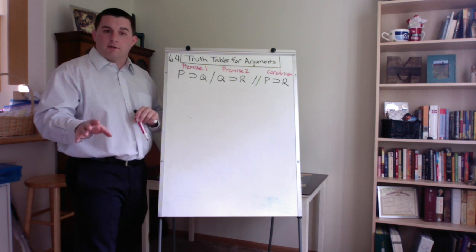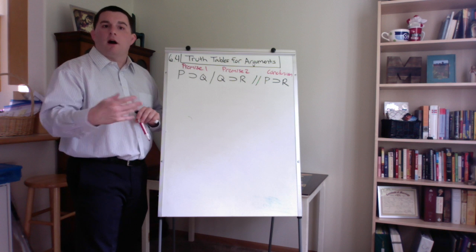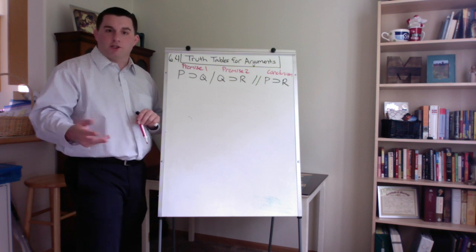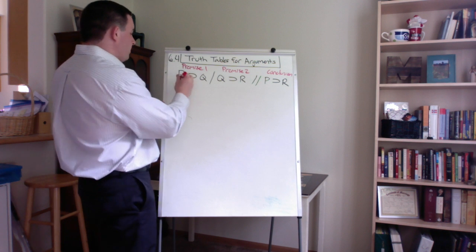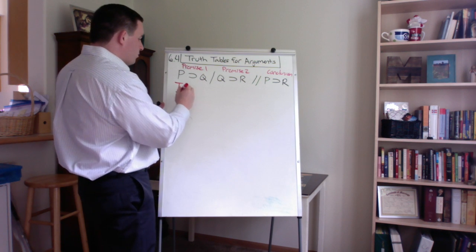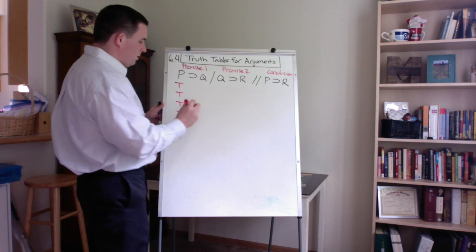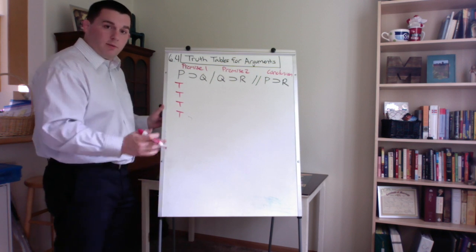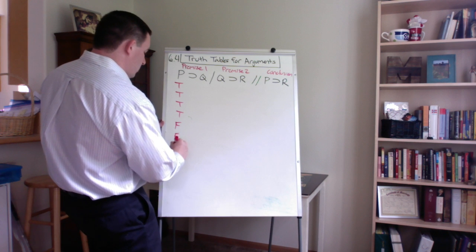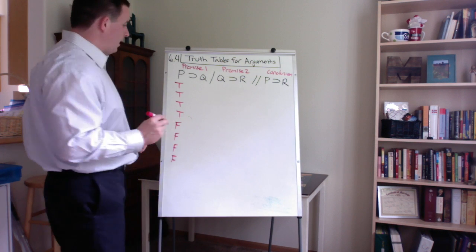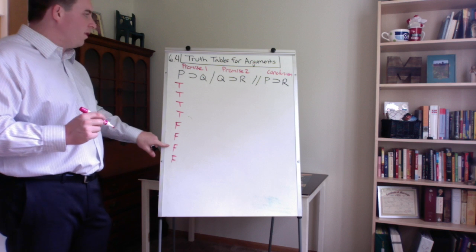So our first 4 lines will be true, our next 4 lines will be false, and so on. Okay, so select our first letter P. We're going to go 4 trues. So true, true, true, true, and then 4 falses. Okay, so we have 4 trues, 4 falses.